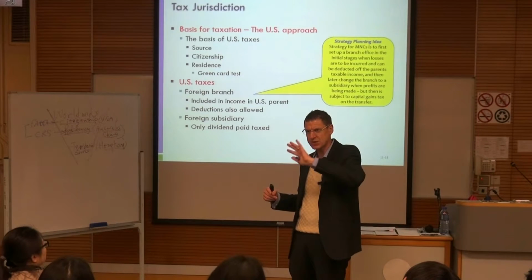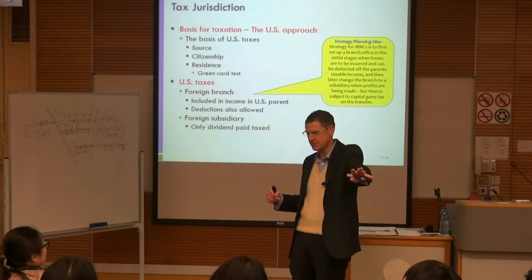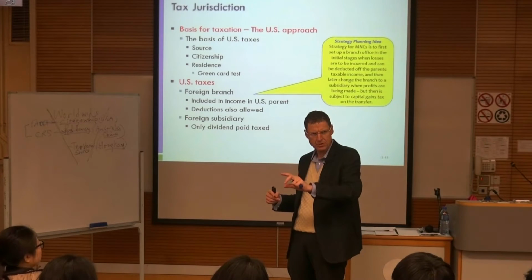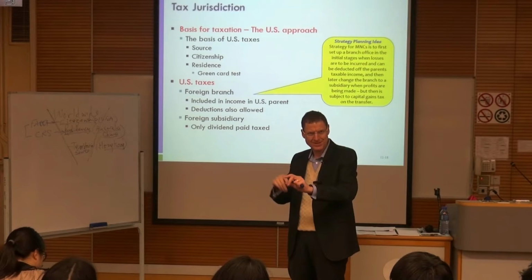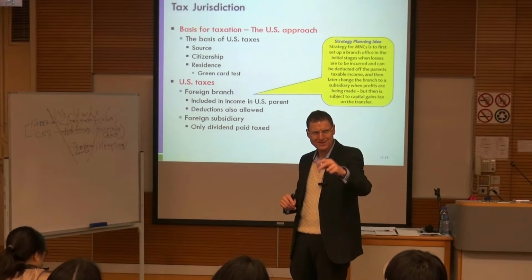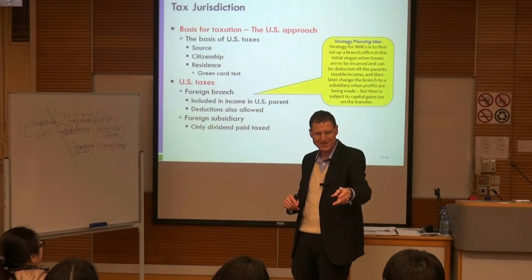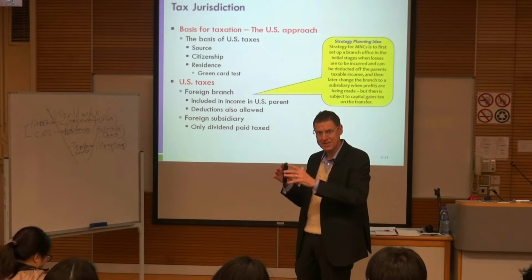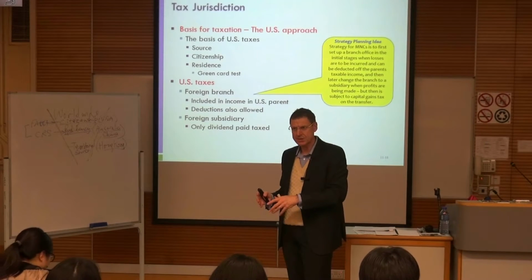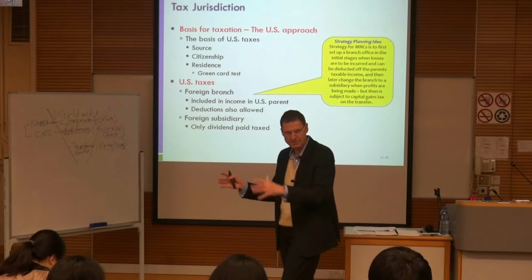So instead of sending $12 profit to the USA subsidiary, you're keeping 10 of those $12 in Hong Kong. $10 at 17.5% versus $12 at 35%. Big difference, right? Okay, so that's why Hong Kong is a very popular destination for multinational companies.